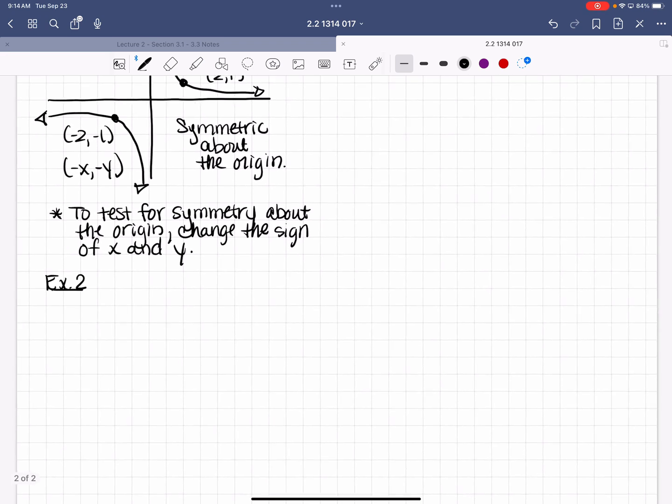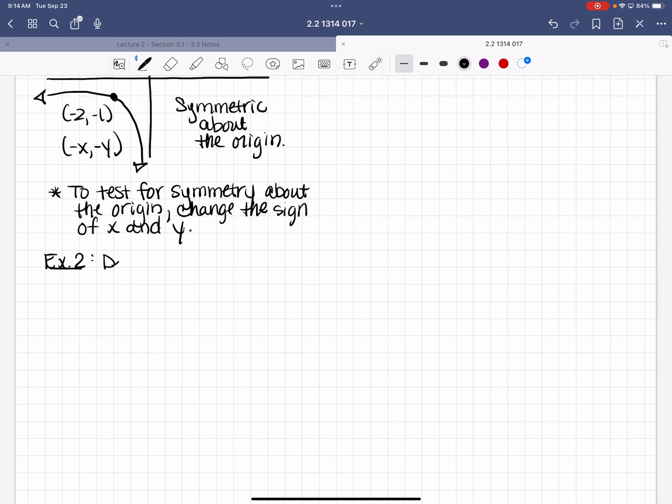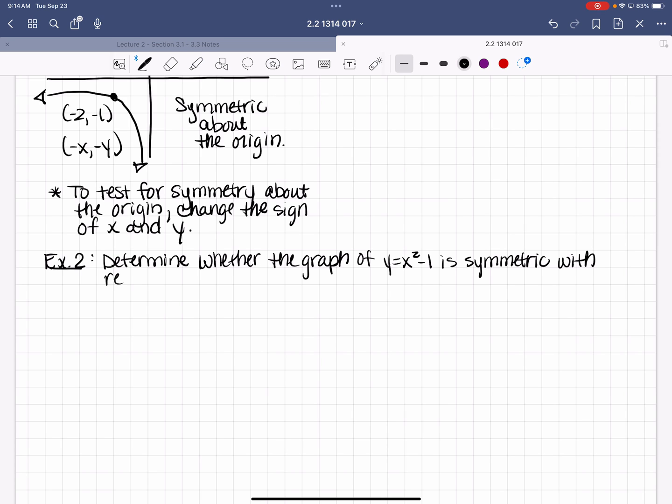Okay, so example 2 says determine whether the graph of y equals x squared minus 1 is symmetric with respect to the y-axis, x-axis, or the origin.